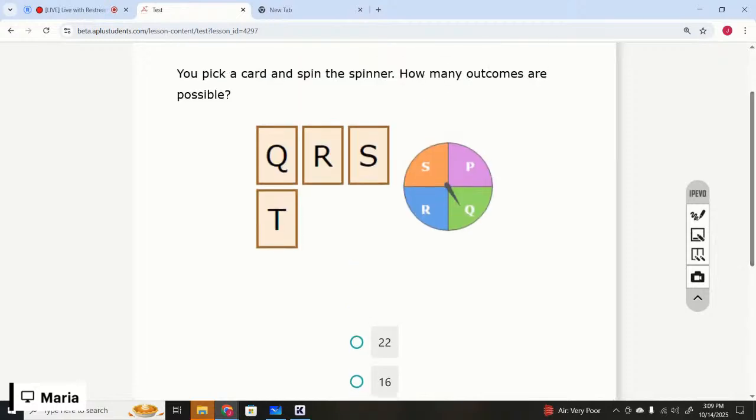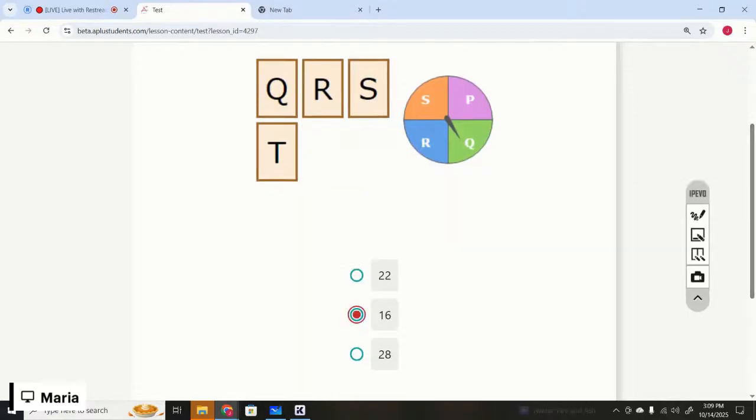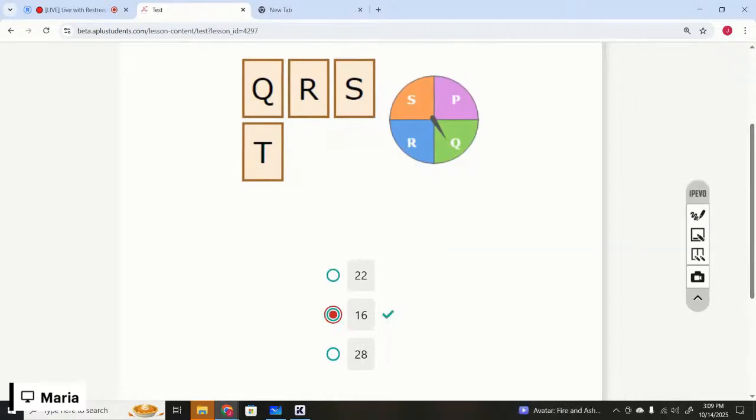You pick a card and spin the spinner. How many outcomes are possible? That is 4 times 4 is 16. Option number 2 is the correct option.